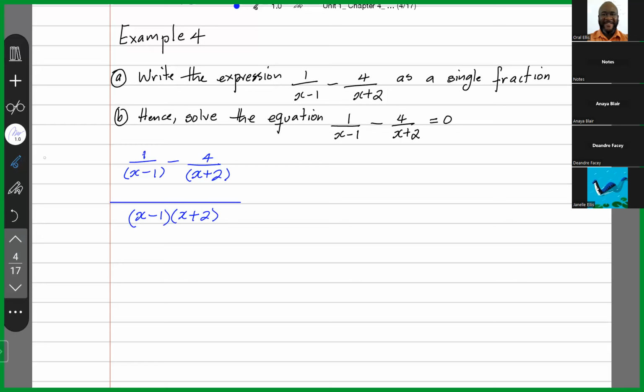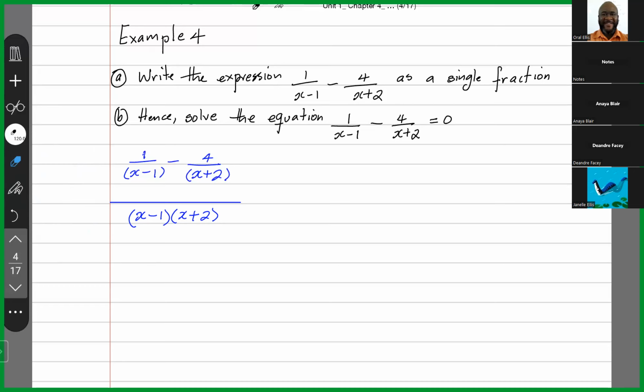So this is like someone saying 1 over a minus 4 over b. And of course, in this case, the LCM would be ab. Now, in our case, the LCM is x minus 1 multiplied by x plus 2.